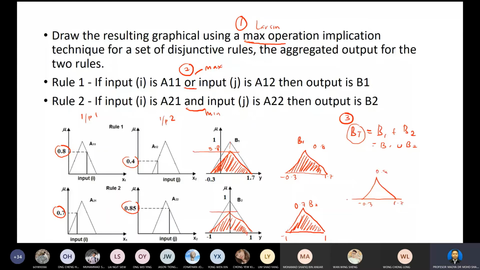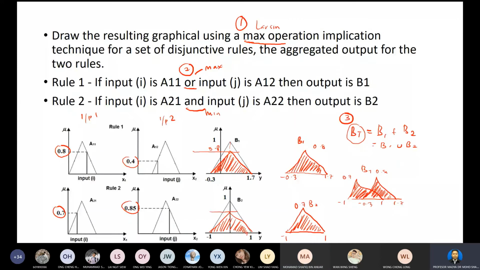This one maybe 1. This one 0.7. This one minus 1. So this is our B total.